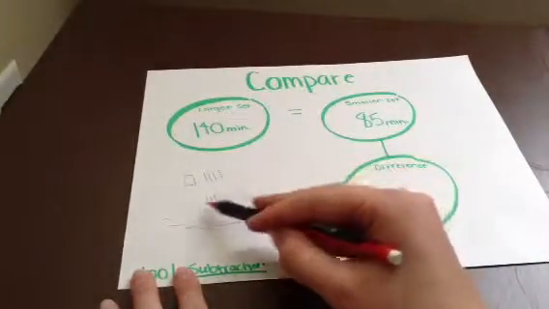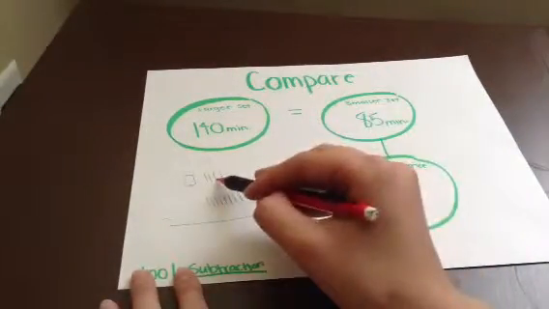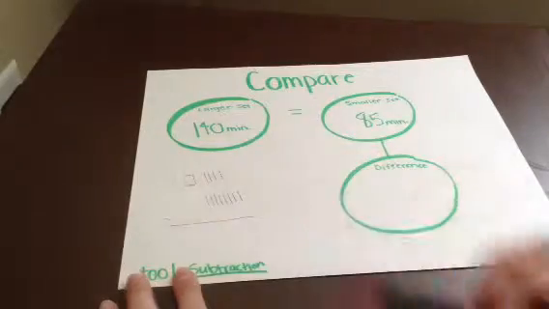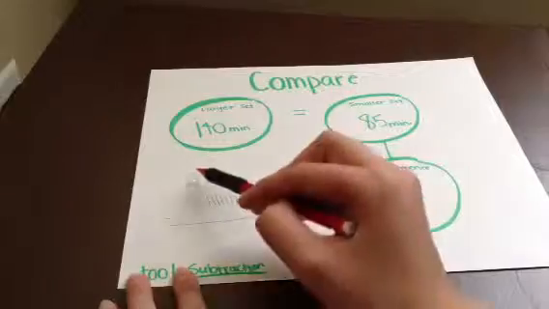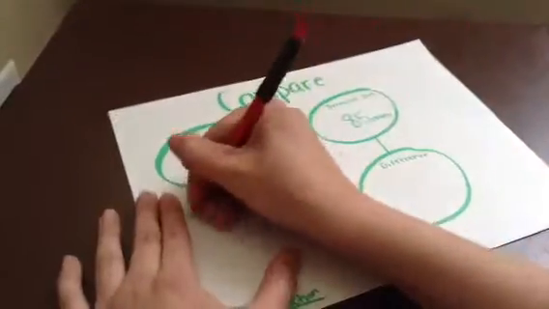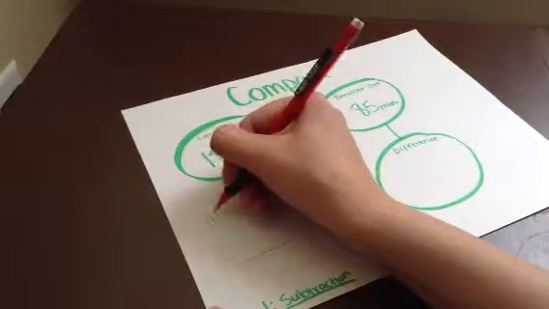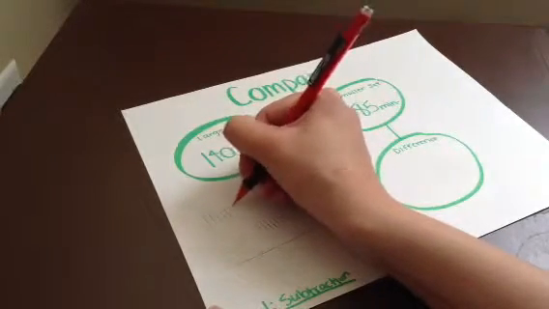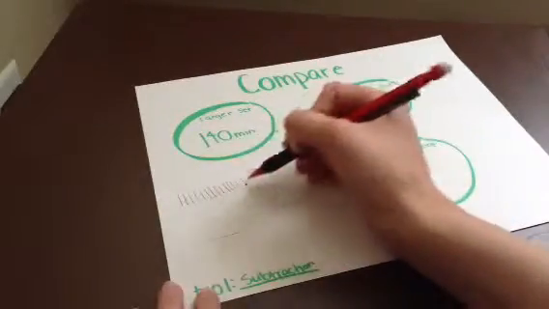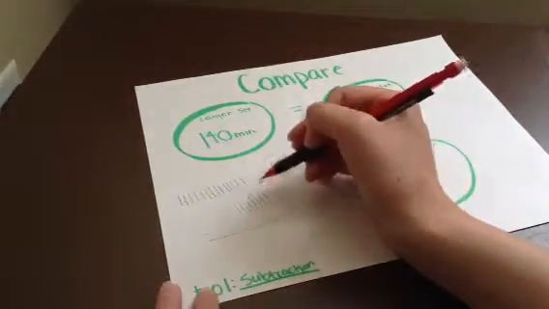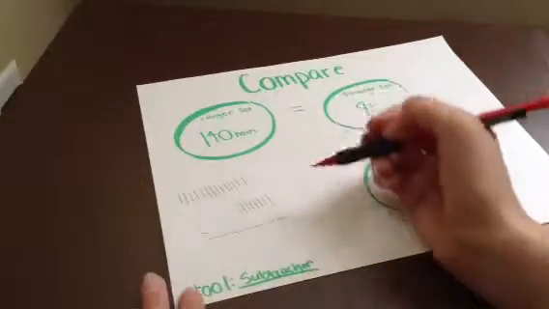I have 80 and only 35 up here with my hundreds flat, so 135 and 80. So I need to break up my hundreds flat into 10 tens rods. 1, 2, 3, 4, 5, 6, 7, 8, 9, 10. So now I have 10 tens rods added to my 30 with my 80 down here.